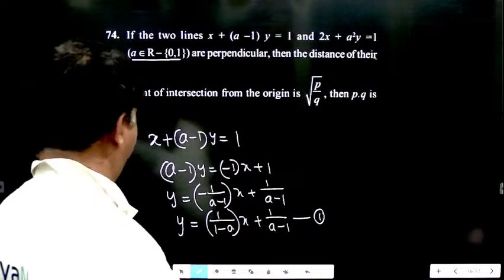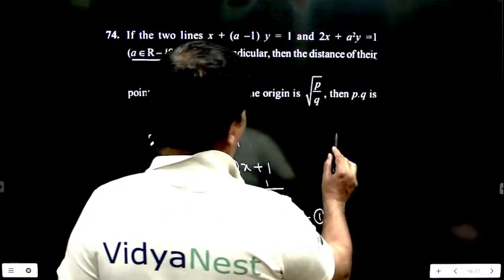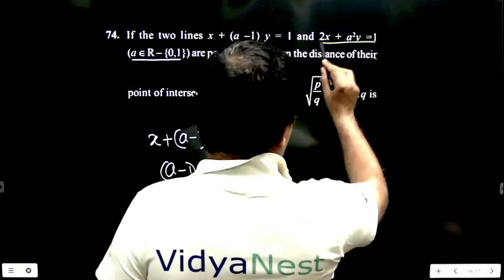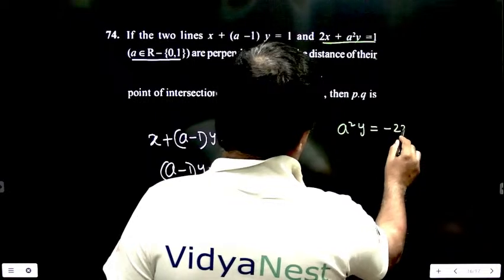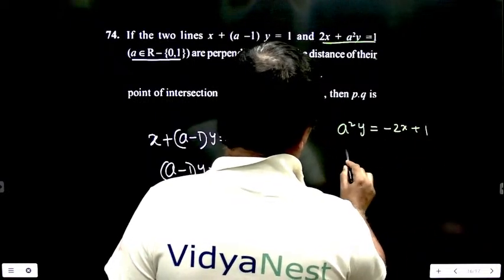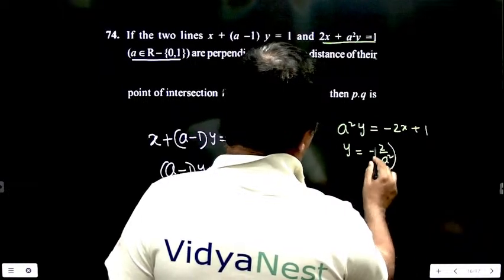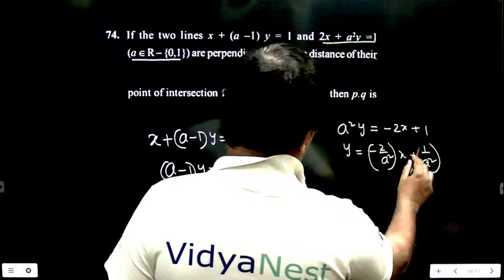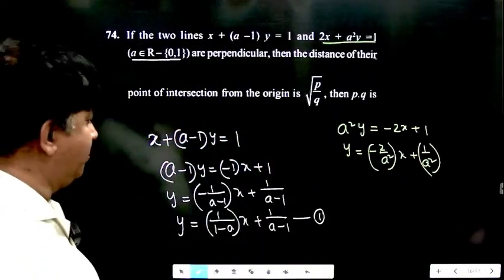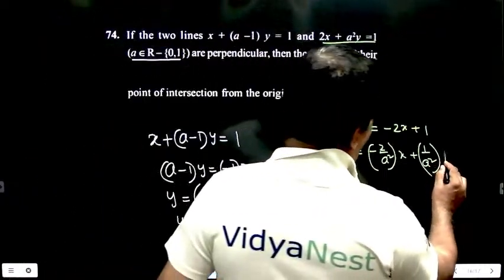Now you express this equation also in terms of y is equal to mx plus c. So you have got both the equations in terms of y is equal to mx plus c.